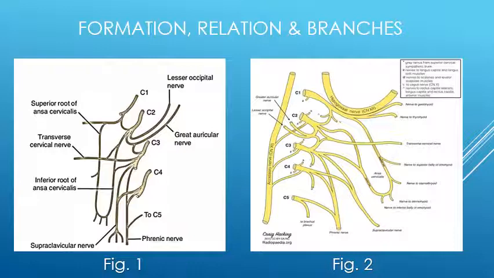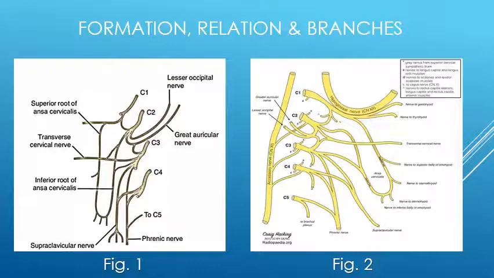They communicate with themselves, and these cutaneous branches also communicate with the dorsal rami of the other spinal nerves, and some of them communicate with some of the cranial nerves.